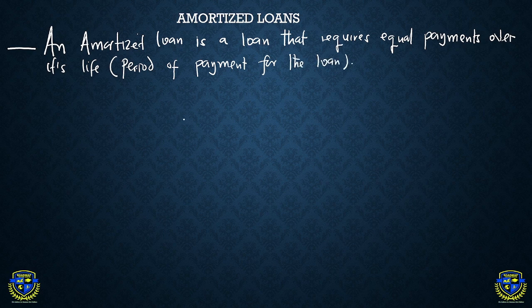Okay, so last time we did mention that whenever we are looking at the amortized loan, the concept of the equal payment basically tells us that we are looking at an annuity. And the formula that we'll focus on is the formula for the present value of an ordinary annuity.